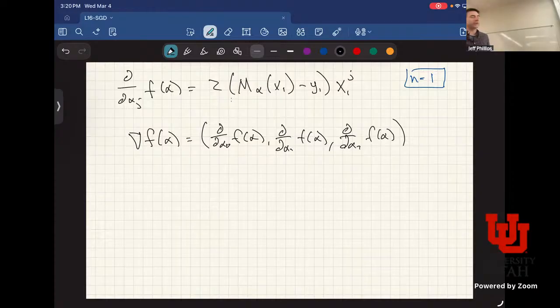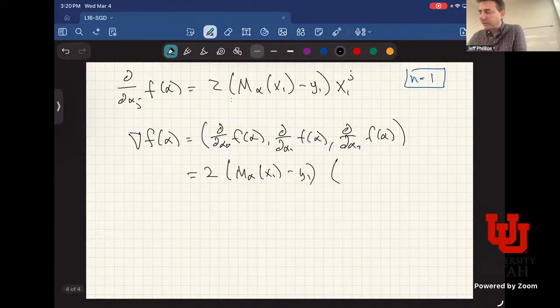It gives me a vector, and this is equal to, well, I can factor out this 2 m alpha x1 minus y1 times, so this term here is a scalar. Okay, and then I'm going to get the vector 1, x1, x1 squared.